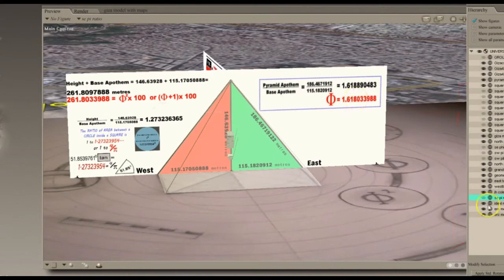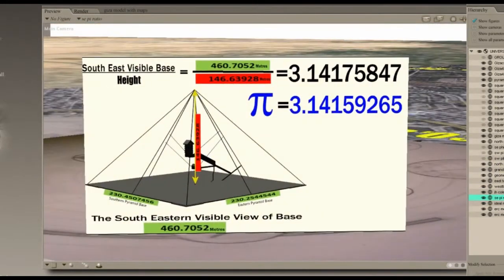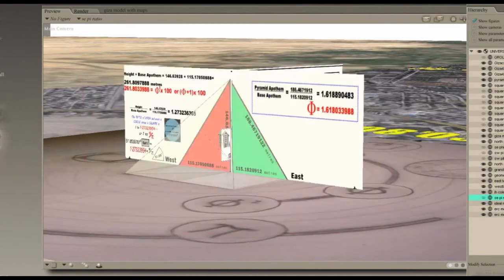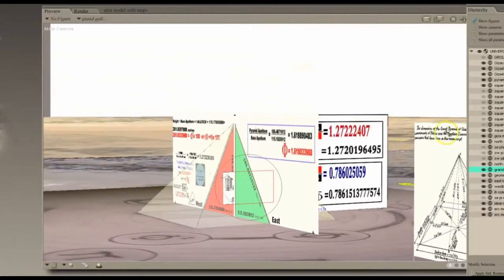Before I leave that, let's go back to pi and proportions. So that's the southeast. And what I'll do is push this one up.